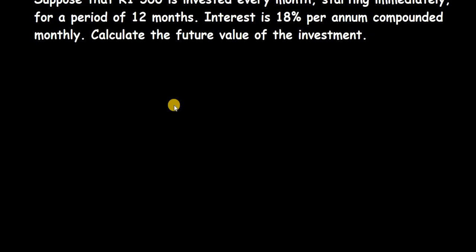You are given the interest. Calculate the future value of the investment. I want to give you a chance to do this also. Try it and then we look at it.